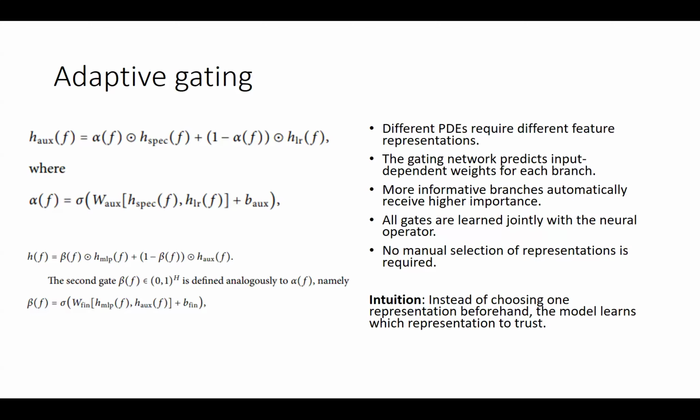Next, we take this combined structured representation h_aux. We fuse it with the unstructured pointwise embedding h_MLP, the MLP branch. We use a second gating vector beta of f, and this ensures that more informative branches automatically get higher importance, and everything is optimized jointly end-to-end. There is no manual selection, and the model completely learns what to trust.